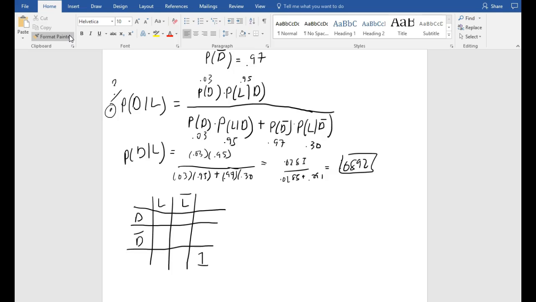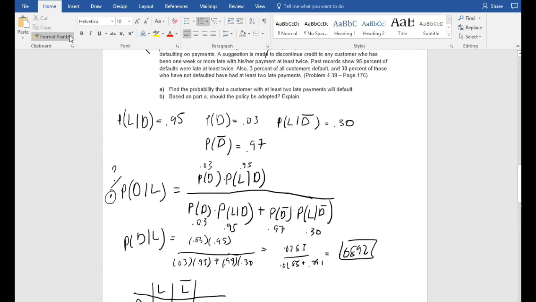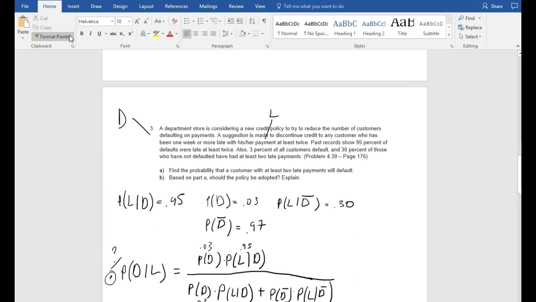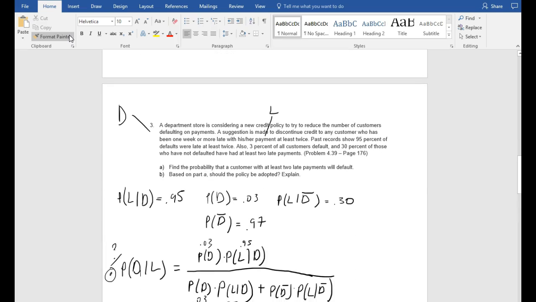One, we know that the total probability is equal to 1 in any scenario. And the only thing already in the contingency table from the problem is the marginal probability of the percentage of defaults, 3%. So the probability of D is equal to 0.03.